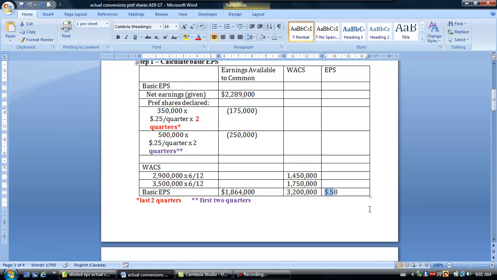It impacts your basic as well as your diluted EPS calculation. So make sure you're comfortable with that before we move on to testing whether securities are going to be in the diluted EPS calculation.